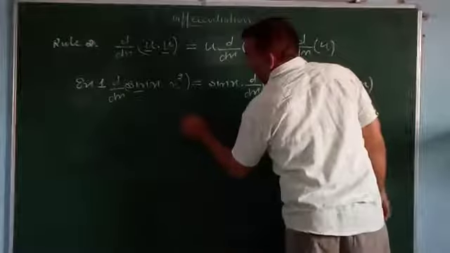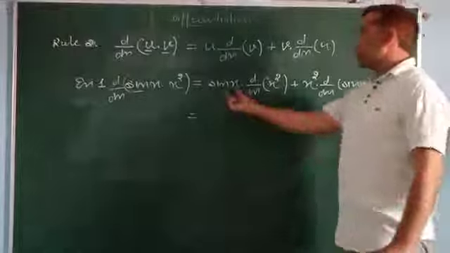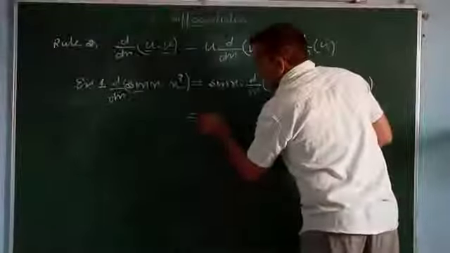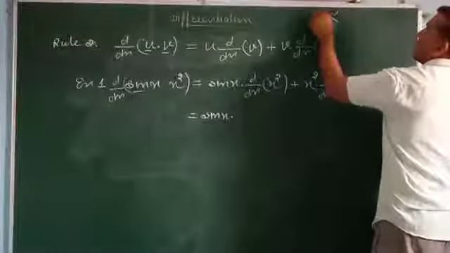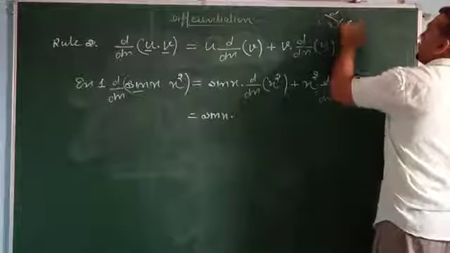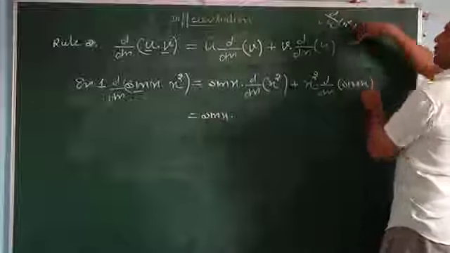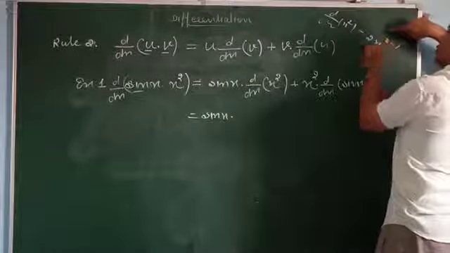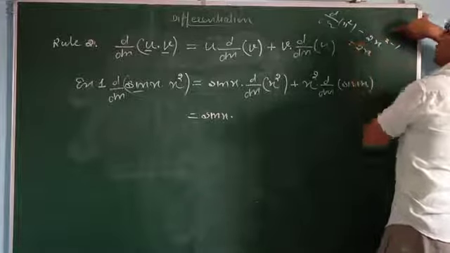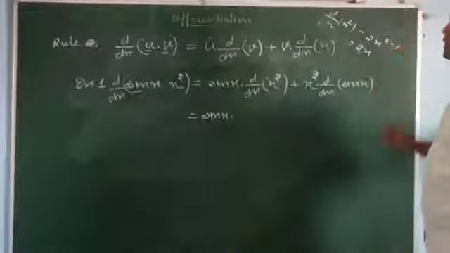This will be equal to the first function as it is, sin x, into the derivative of x square. We have learnt about this rule. The derivative of x square will be 2 into x raised to the power 2 minus 1. That will be 2x, because 2 minus 1 is 1.